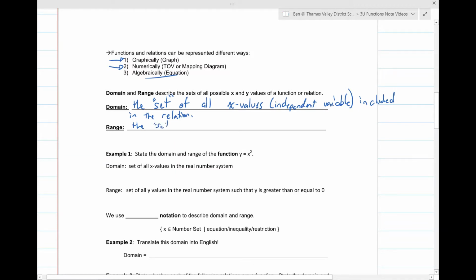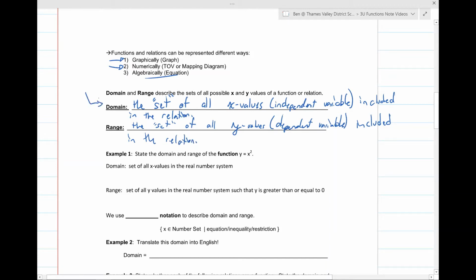So it's going to be the set of all y values, and this time that's our dependent variable, included in the relation.